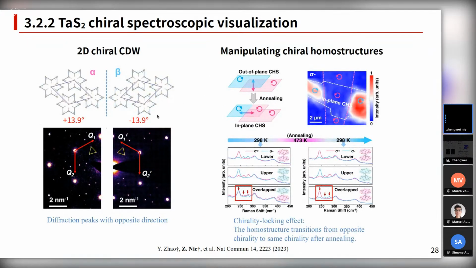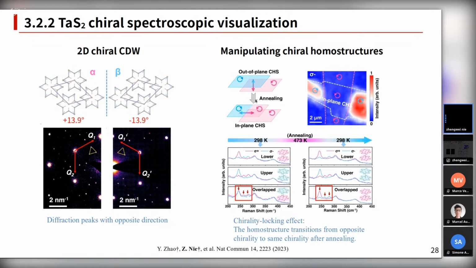And its chirality is easy to understand because its charge density wave superlattice in two dimensions is either in this shape or this shape. Its mirror symmetry is broken. We call them alpha or beta phase, or left-handed or right-handed phase.